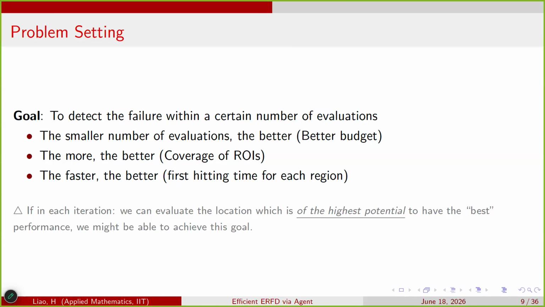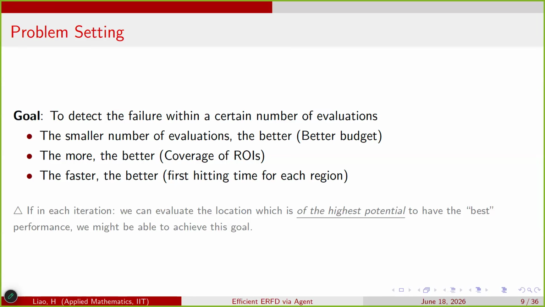So the motivation for the design is, if in each iteration we can evaluate the location which has the highest potential to have the best performance, this kind of best performance is related to our goal. What kind of regions we are trying to evaluate, the evaluation metric.